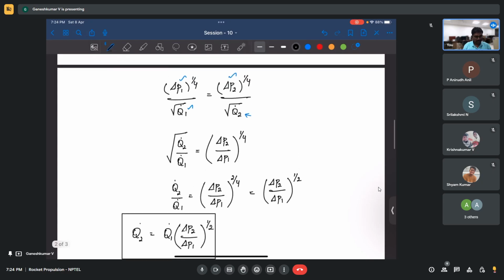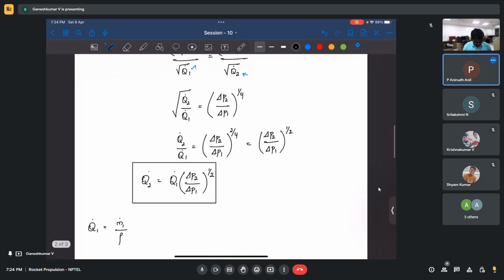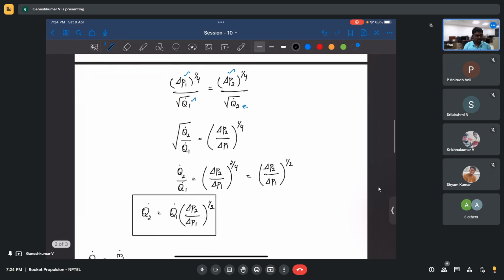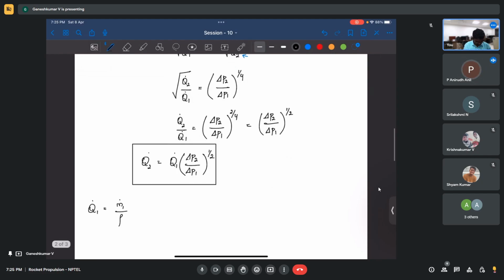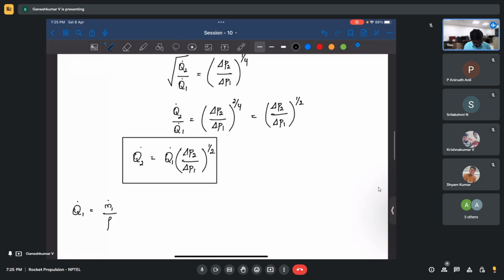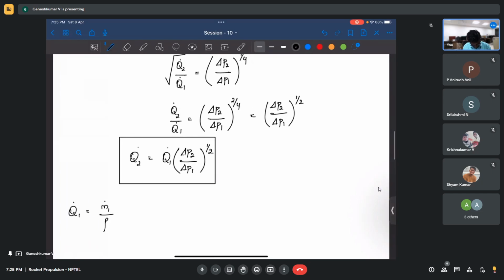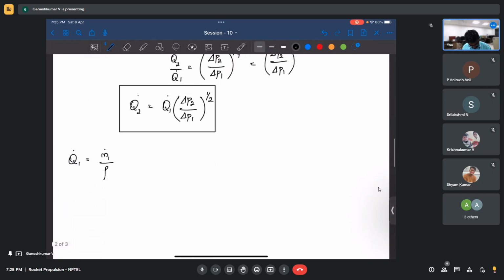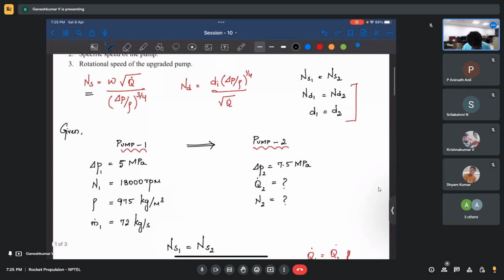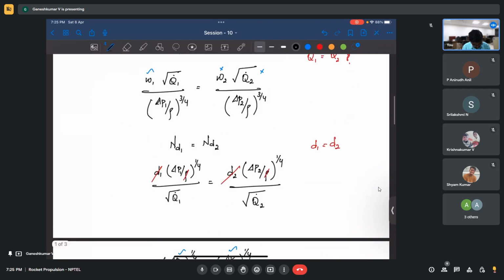All right. So where did I stop? Flow rate. So you guys understood, I was connected till I developed this relation, right? Q dot. Okay. So how do we find Q dot 1? Dividing the mass flow rate by the density. I think it's 72 kg per second divided by density 975.